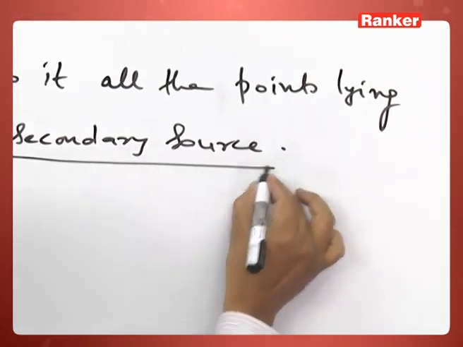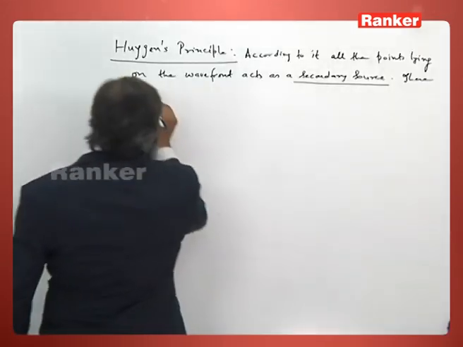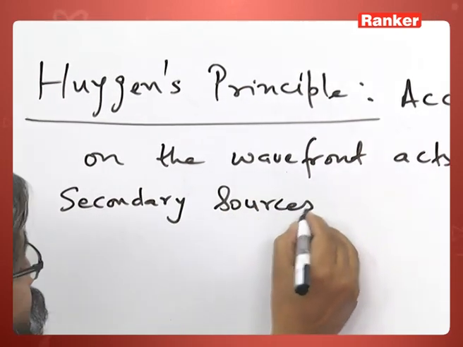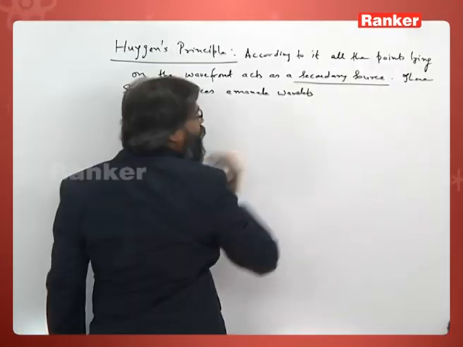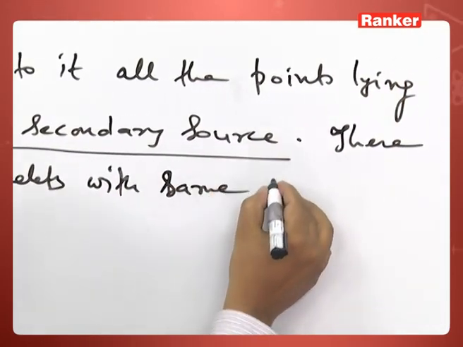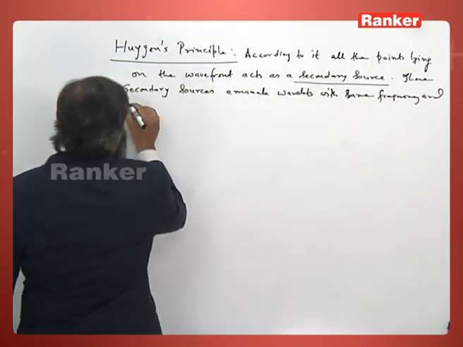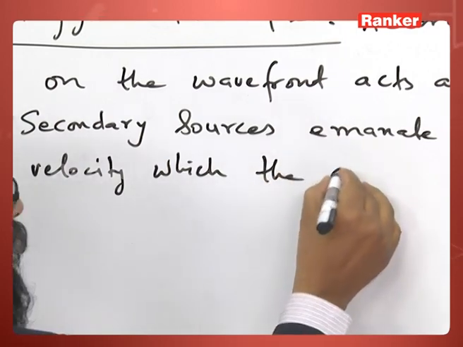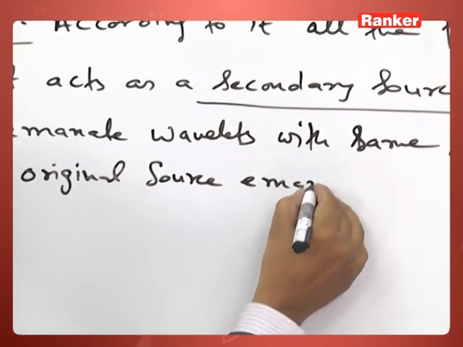This is a very important point, secondary source. These secondary sources emanate wavelets with the same frequency and velocity which the original source emanates.